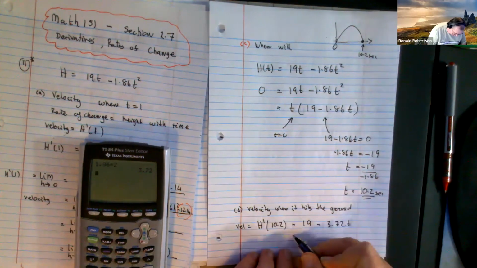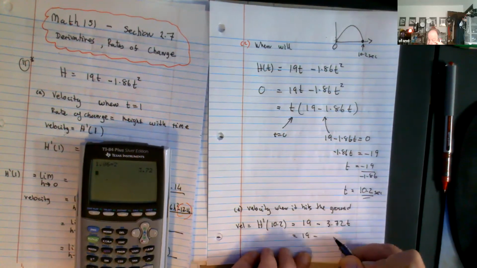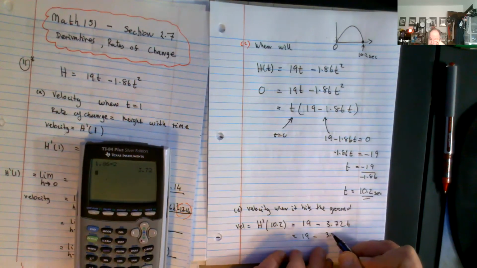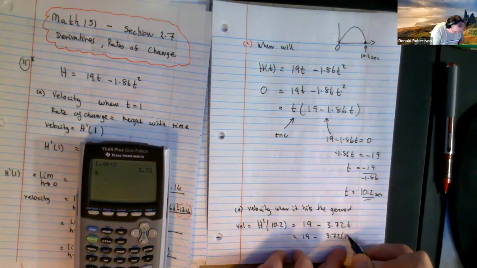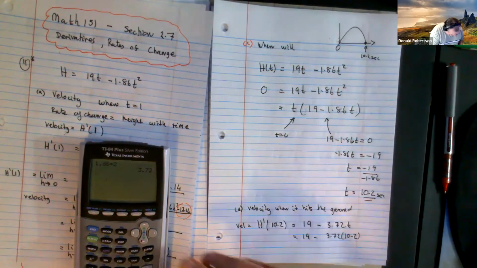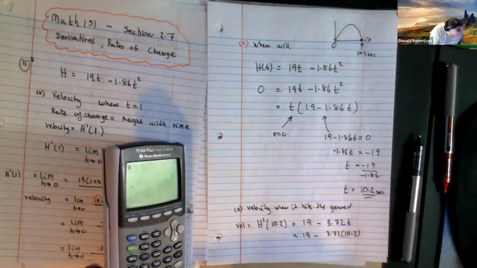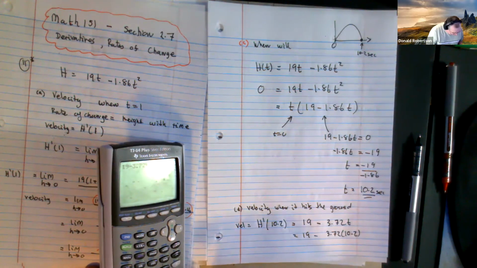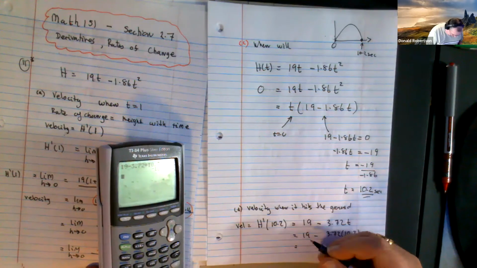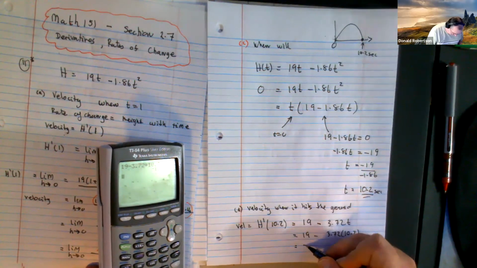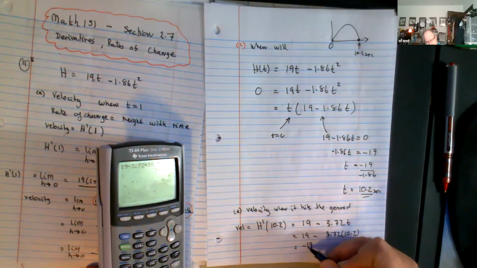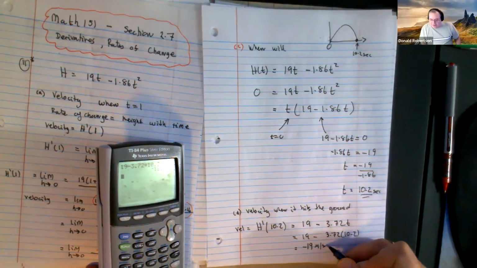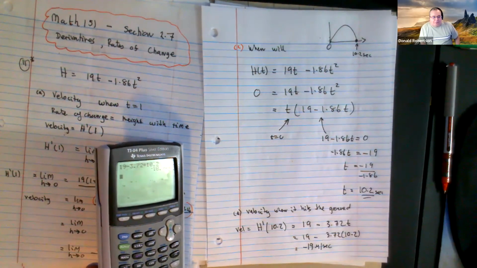So it's going to be 19 take away 3.72 multiplied by 10.2. And something really interesting should happen. That number is pretty close, if you round it off, to 19 meters per second. In fact, isn't it negative 19 meters per second?